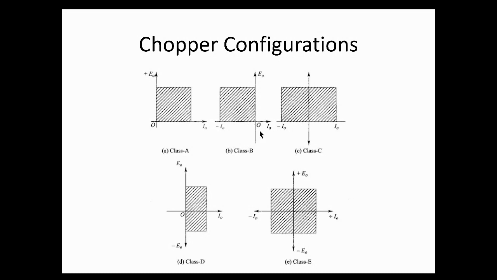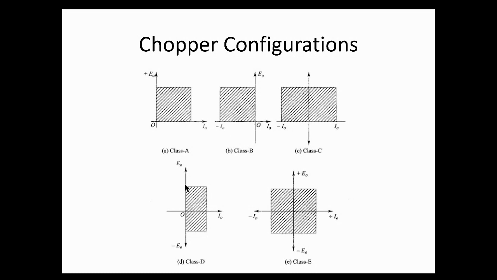When we look at the class C, I told you earlier on, it's just a combination of A and B, as you can see here. So we have positive output voltage. However, we have negative and positive output current. So that's our class C type chopper. Class E, you're seeing a positive current.